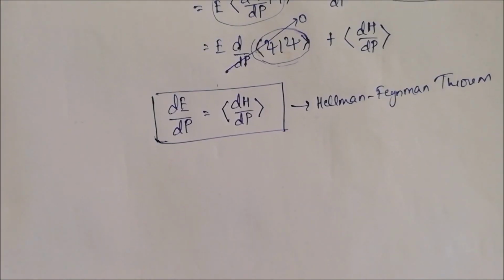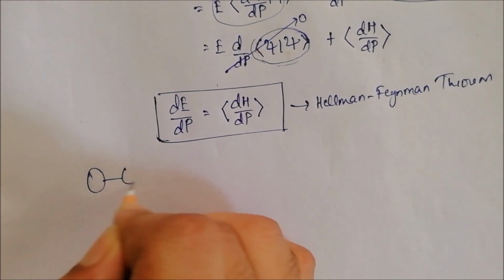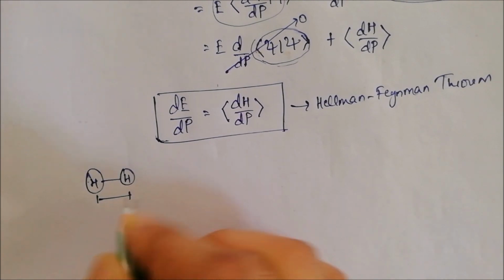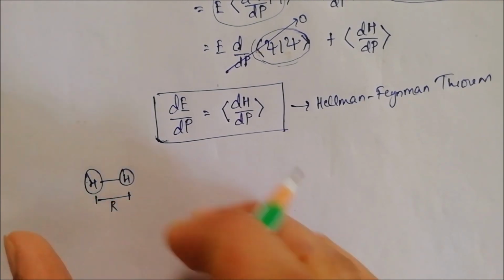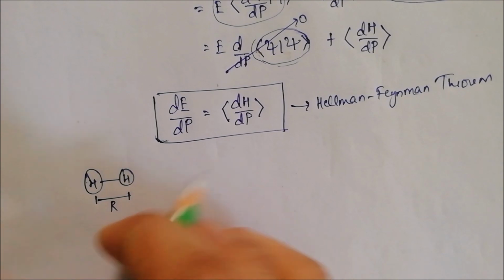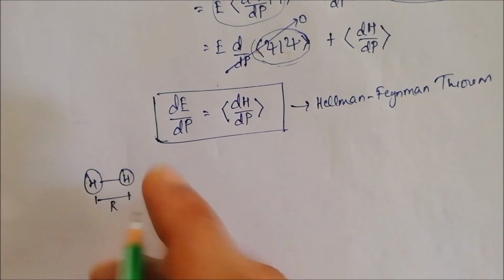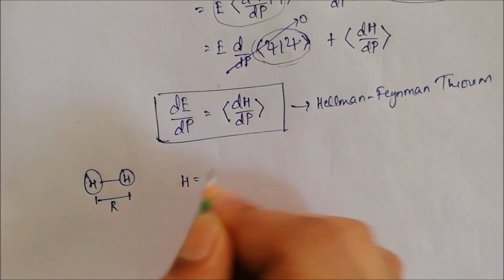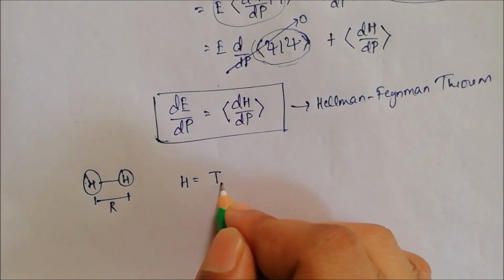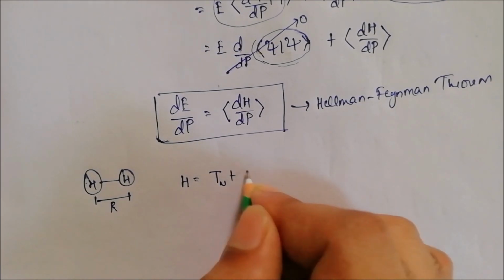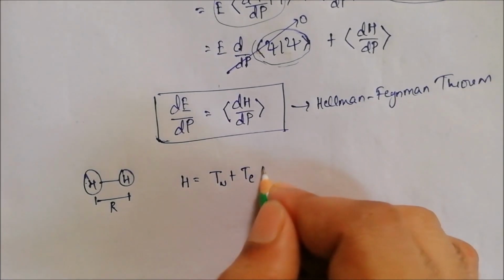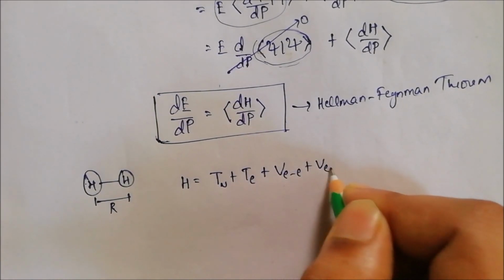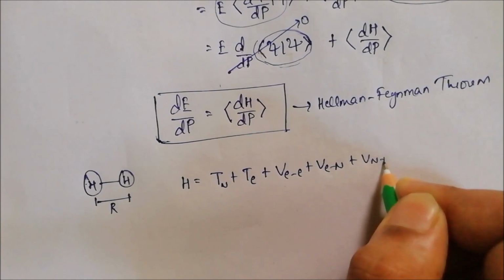Now let's go back to our question. We had a hydrogen molecule, and now we want to know how the energy varies with the distance between these hydrogen atoms. Our Hamiltonian looked like the kinetic energy of the nuclei plus the kinetic energy of the electrons plus the potential energy due to electron repulsion, electron nuclear attraction, and nuclear repulsion.